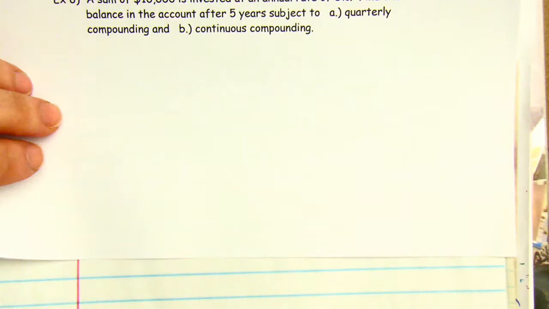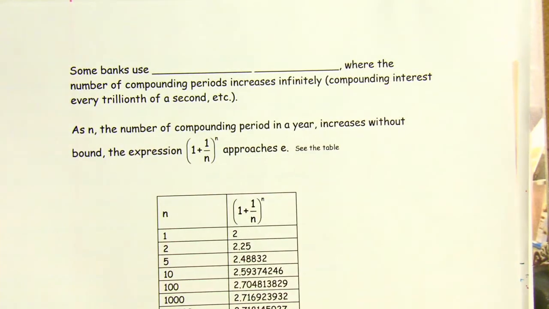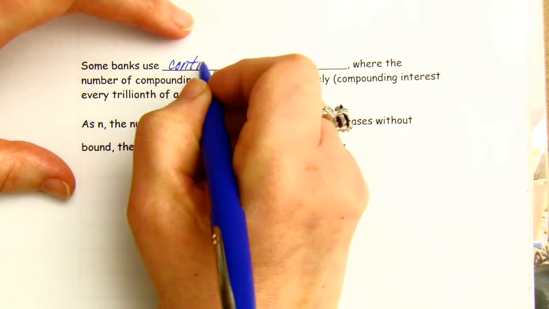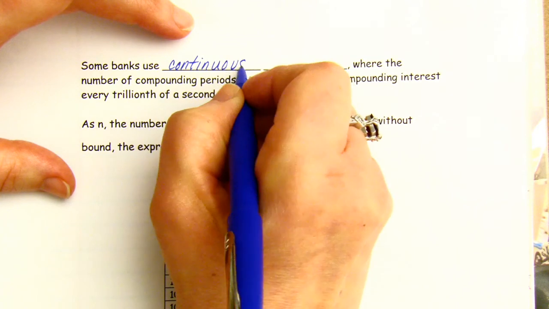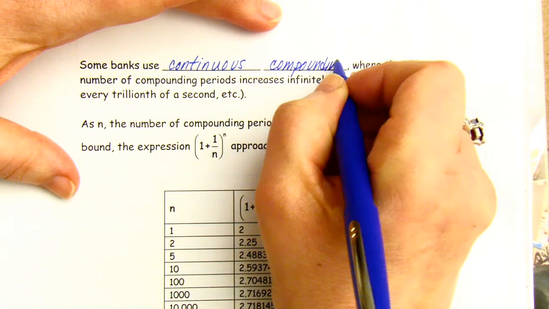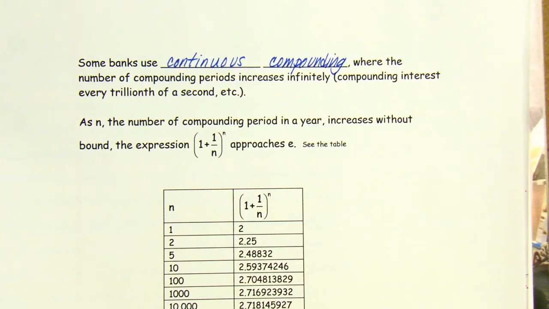Some banks use continuous compounding, which is okay if you are getting the payments as an investment, but if you're borrowing money and they use continuous compounding, it's dangerous. So some banks use continuous compounding where the number of compounding periods increases infinitely, compounding interest every trillionth of a second if they want to.